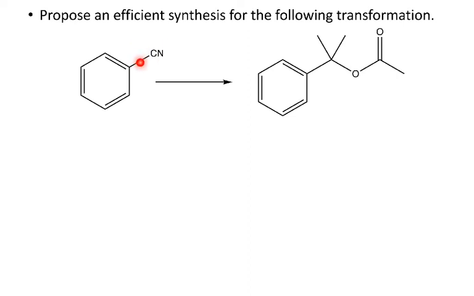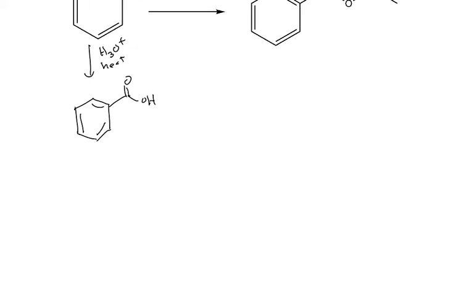I can go from a nitrile to a carboxylic acid by hydrolyzing it. Then hit it with SOCl2 to get the acid chloride.